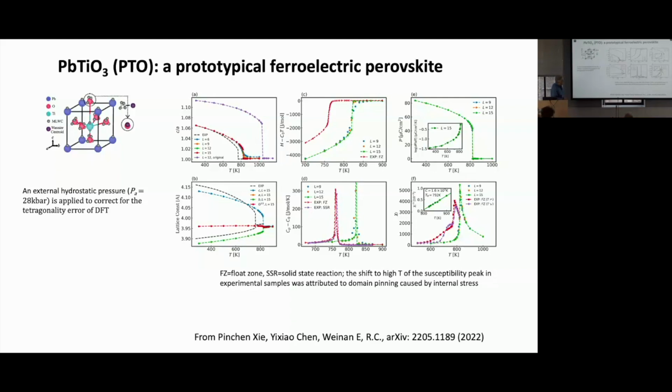Again, we can fit the behavior above the transition with the Curie-Weiss law, and the value that we get for the constant is in the experimental range.